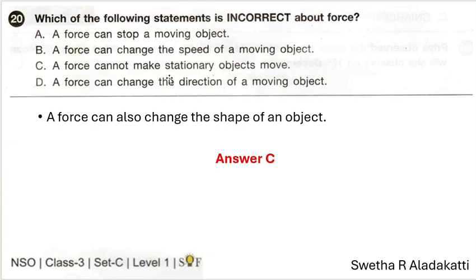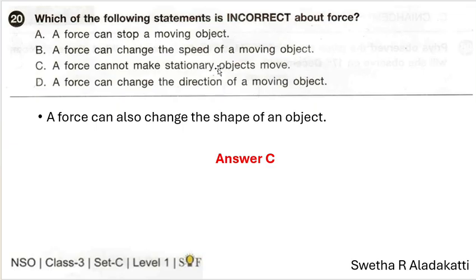A force cannot make stationary objects move. This is stationary, spelled N-A-R-Y. Stationary with NARY means a motionless object, an object which is not in movement. It is not the one ending with NERY, which is stationery that you carry, like pen, pencil, rubber, and books to school.